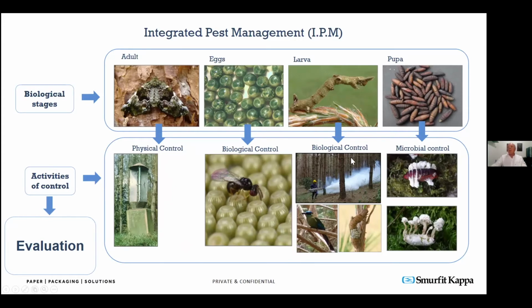And for larvae and pupae, we normally use biological and microbial control using Bacillus thuringiensis, some baculoviruses, and many different larval parasitoids. Also for microbial control, we are using entomopathogenic fungi like Beauveria bassiana.